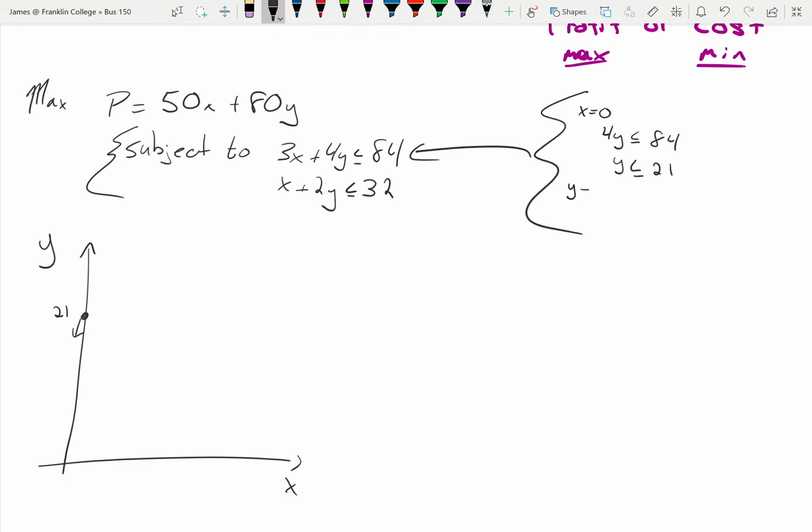And then when y equals 0, we know 3x has to be less than or equal to 84, or x is going to have to be less than or equal to 28. And we know x has to be less than or equal to 28. So we can draw a straight line in between these two points, and we can shade in the region that respects the inequality.